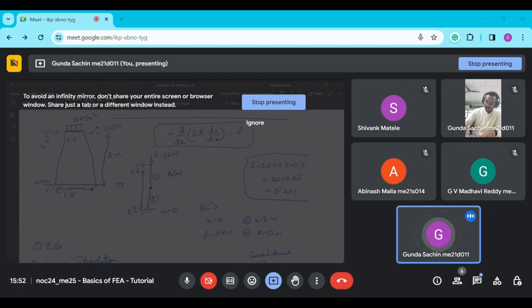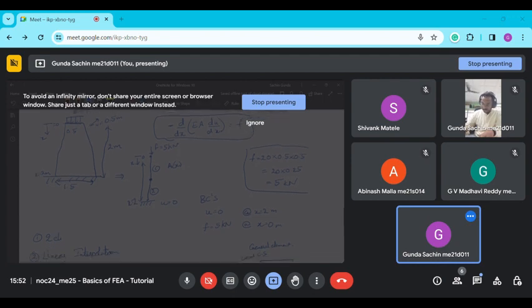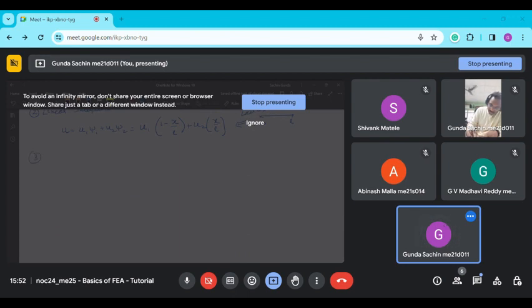Then you need to write the differential equation in the integral form. The differential equation is minus d by dx. Here E is fine, but we need to take care that area is a function of x. We cannot just directly bring it out.